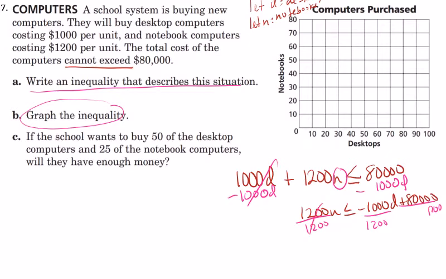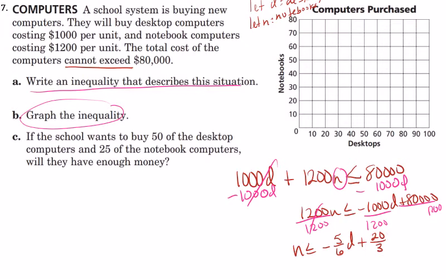And what we'll get is N is less than or equal to negative 5 over 6 D if we reduce that, plus 20 over 3, or you can make it 6.6 repeating. So that's my y-intercept, so I'm going to plot that.